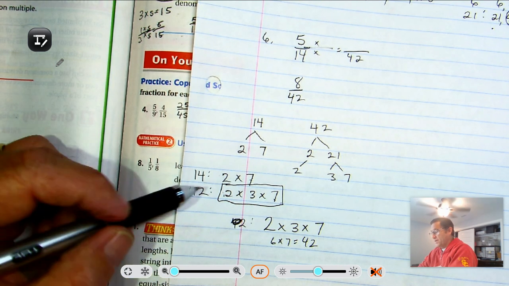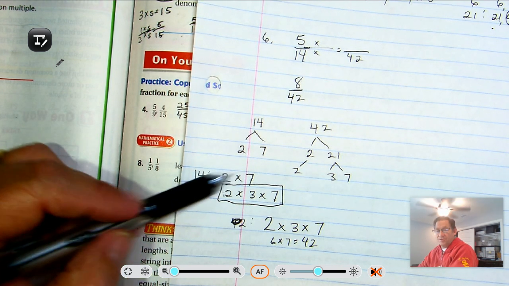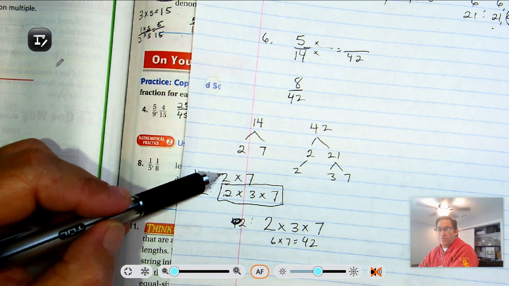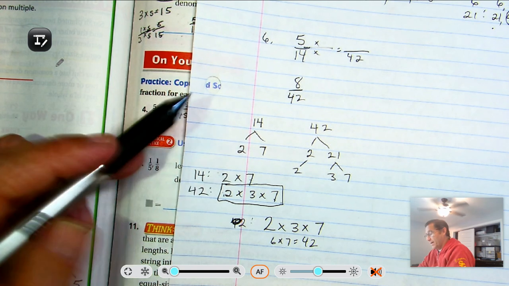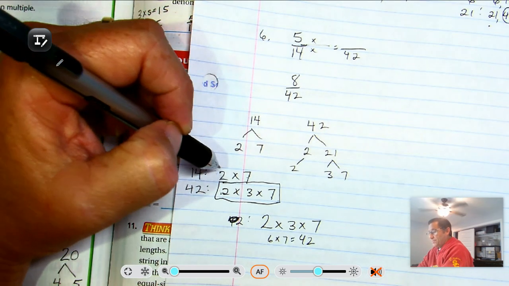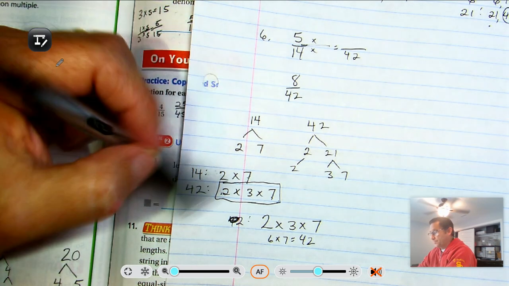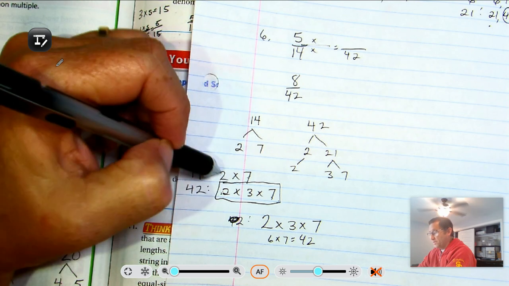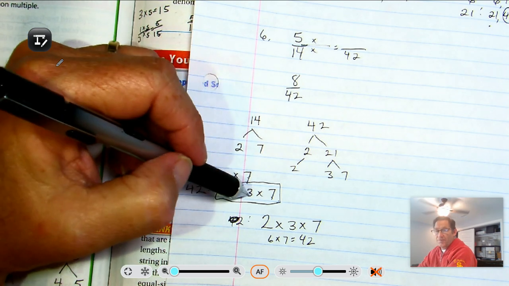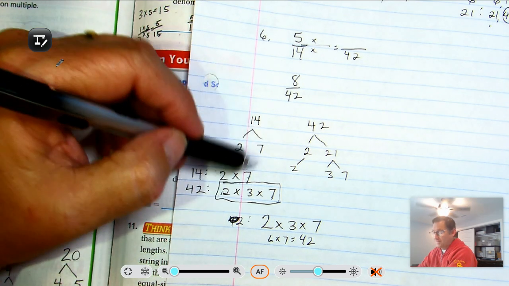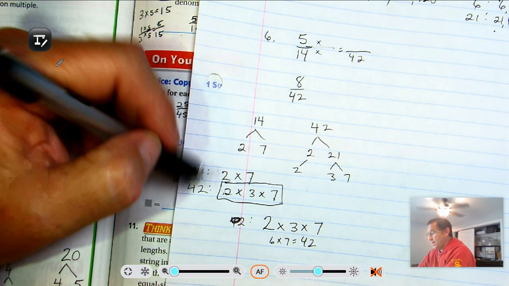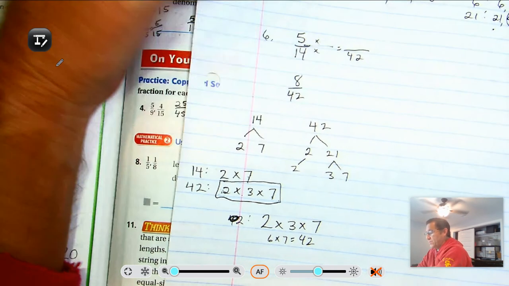Okay? So in a sense, eliminate any factors that are in common to both numbers. Or eliminate one set of the factors that is in common to both. So we're going to use one of the 2s, only one of the 7s, and then the 3 because it's not part of 14.